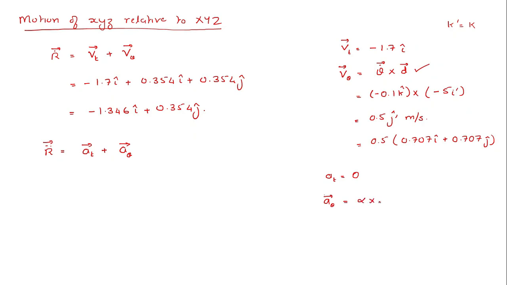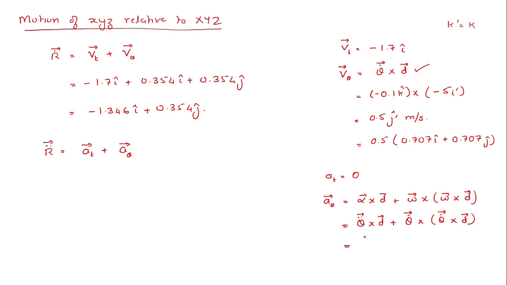alpha vector cross d vector plus omega vector cross omega vector cross d vector. Now alpha vector is actually theta double dot vector cross d vector, plus omega vector is actually theta dot vector cross theta dot vector cross d vector.